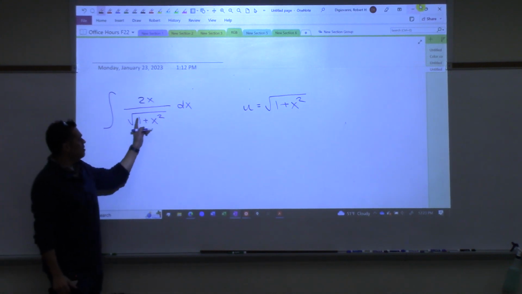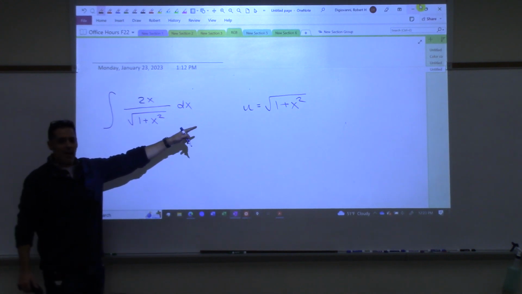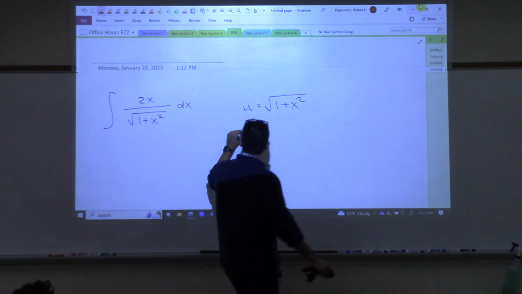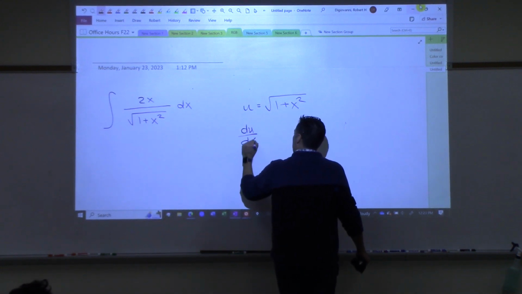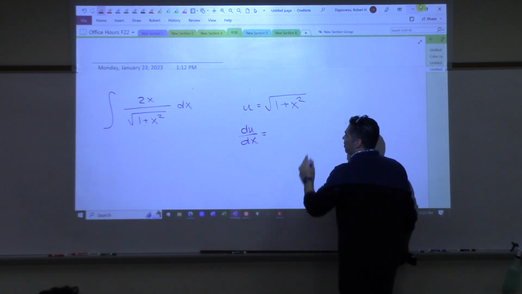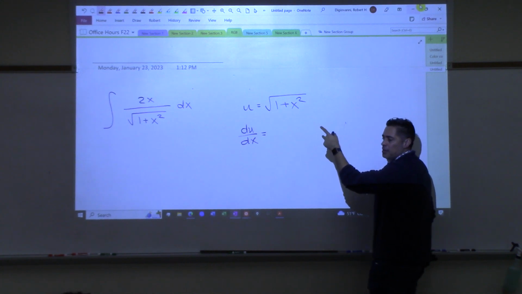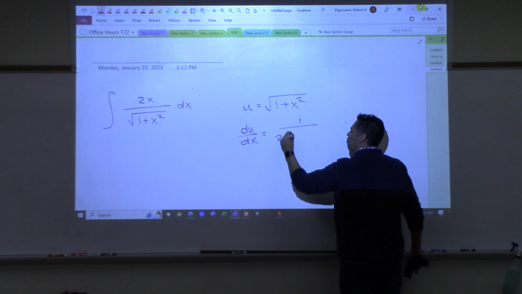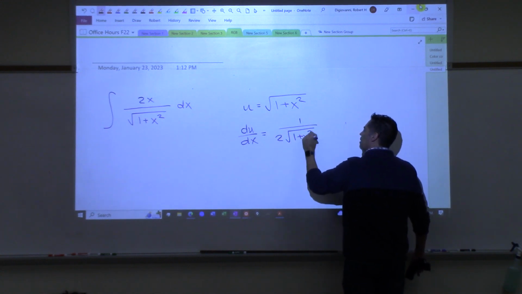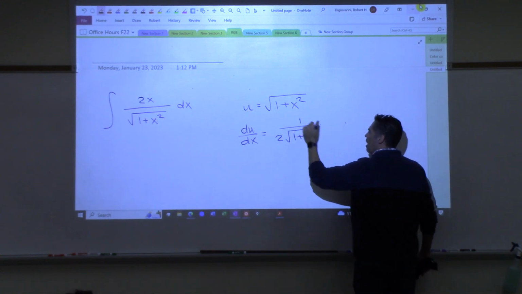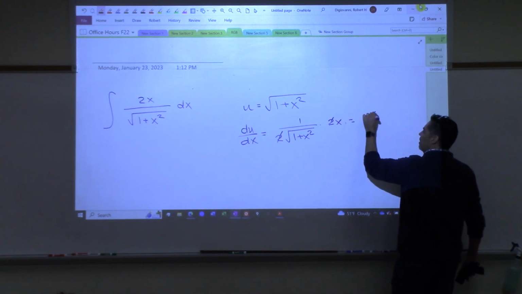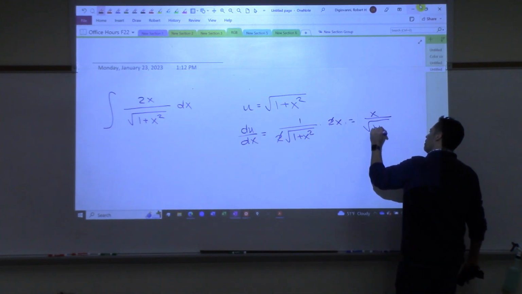See, this something here is trapped. But why am I not going to use that something right there? What's the derivative of this? You have to do the chain rule here, don't you? The derivative of the square root of something is 1 over 2 square roots of that something times the derivative of what's inside, 2x. The 2's cancel, and you get x over the square root of 1 plus x squared, right?